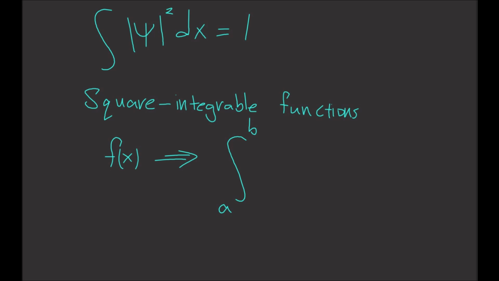In our case, it is always going to be between negative infinity and infinity. We always integrate over all space the probability density of this f of x function dx. This must be less than infinity. And these square integrable functions consist of a vector space, okay?